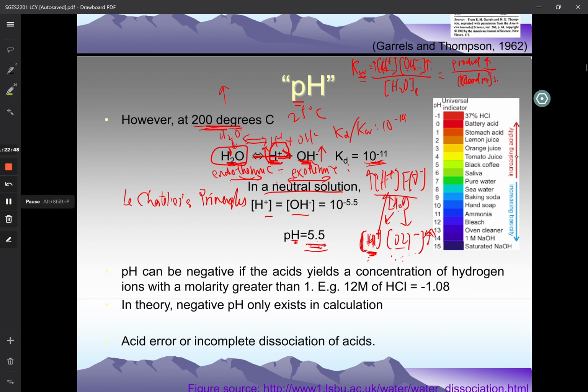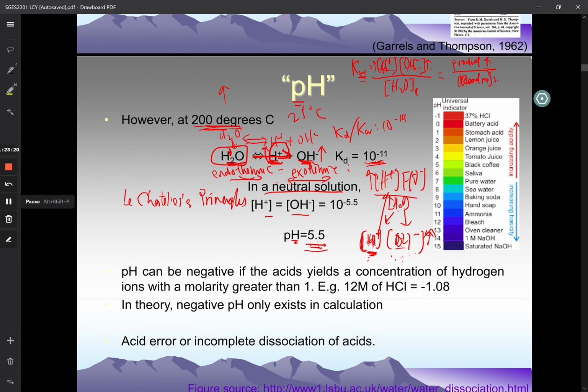Okay, so pH can be negative if the acid has a concentration of hydrogen ions with a molarity greater than 1. For example, 12 molar hydrogen chloride can give a pH of negative 1.08. So in theory, negative pH only exists in calculation, and in situations of acid error or incompatibility of acids.